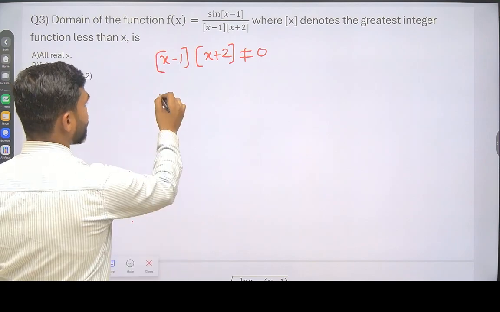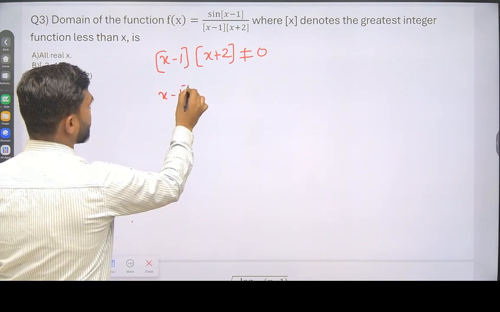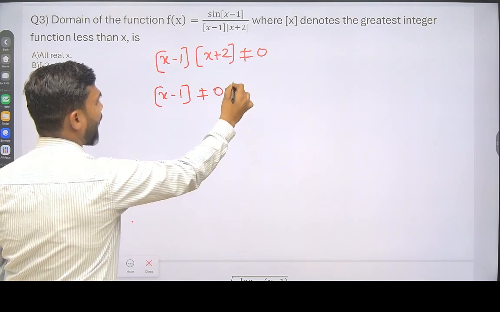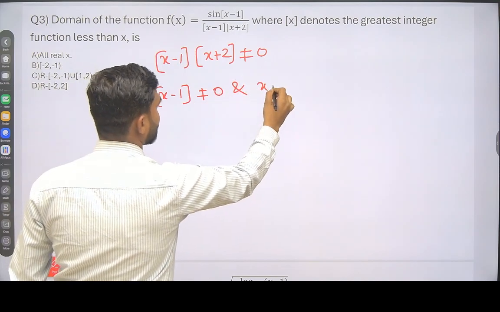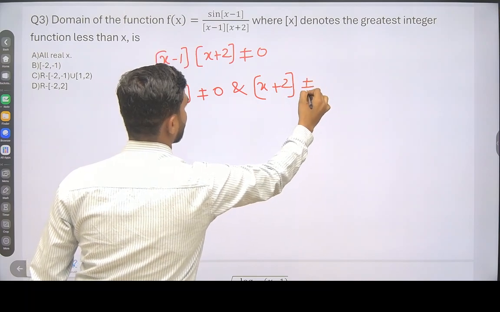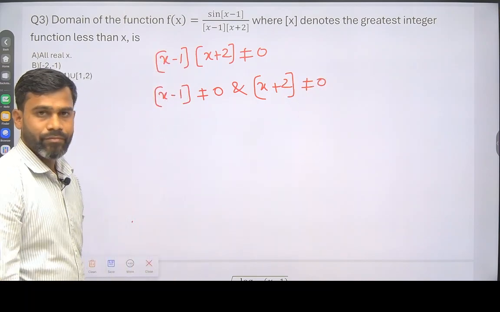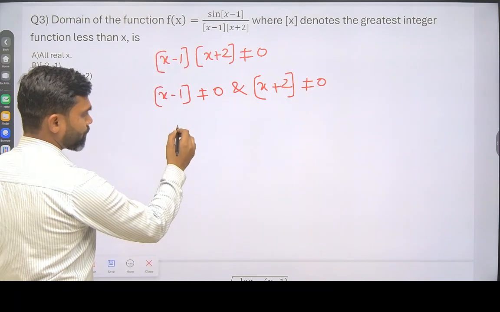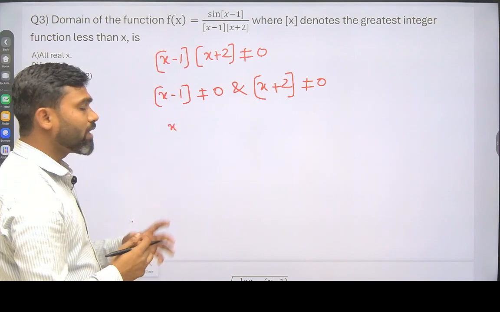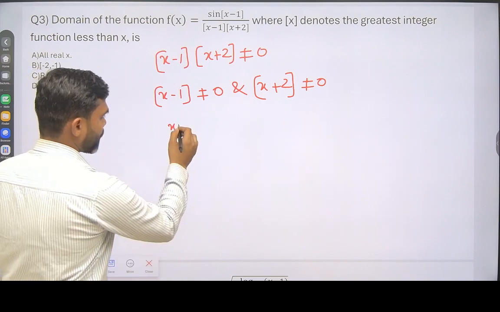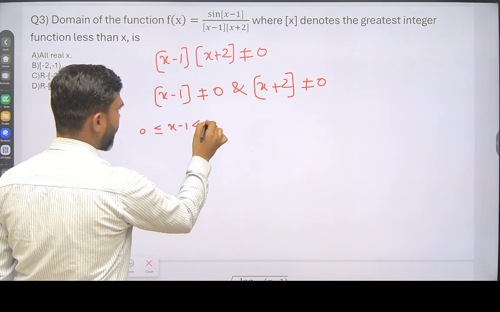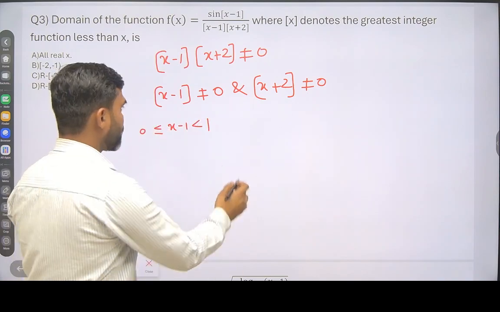It means x minus 1, GIF of x minus 1 should not be 0, and x plus 2, GIF of x plus 2 should not be 0, right? We already know the greatest integer function becomes 0 when it is lying between 0 and 1, right?